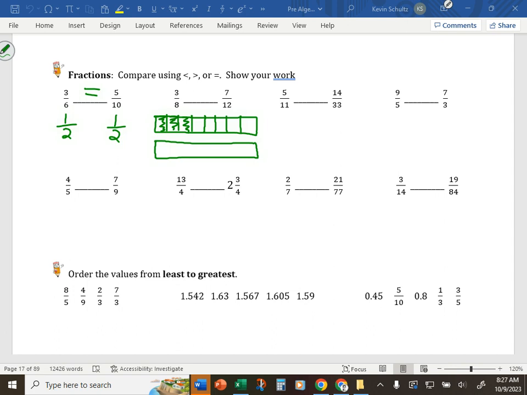Well, let's just test. So I've divided this into 12 pieces. So I'm going to put in a half first, right? And now I essentially have to divide each of these halves into sixths. So I'm going to divide this into half again, and then into thirds, right? So I got 6 pieces on the left there. Same thing here.